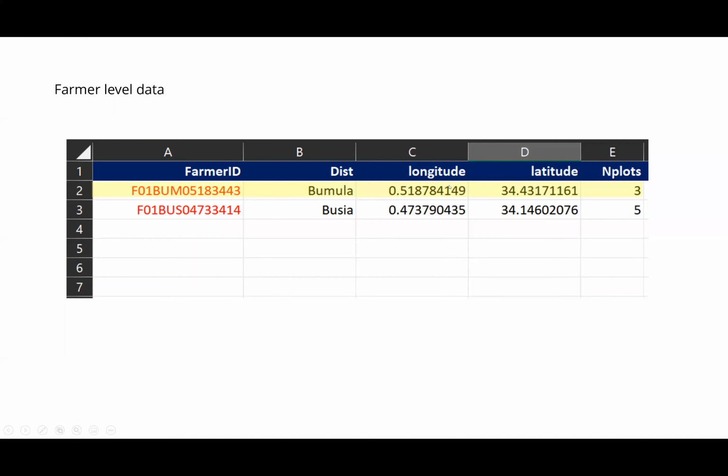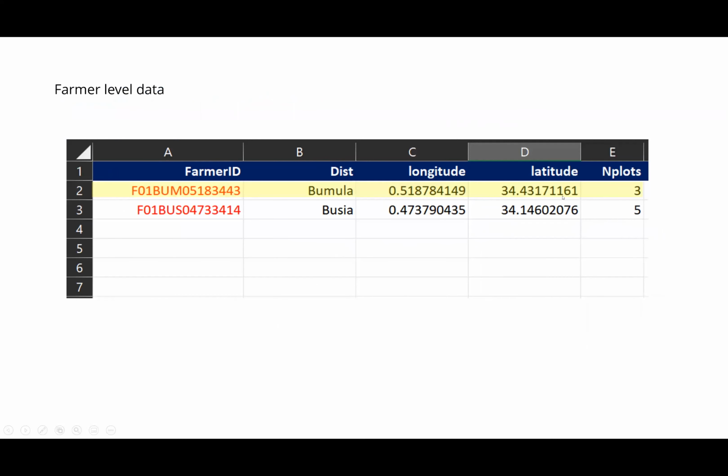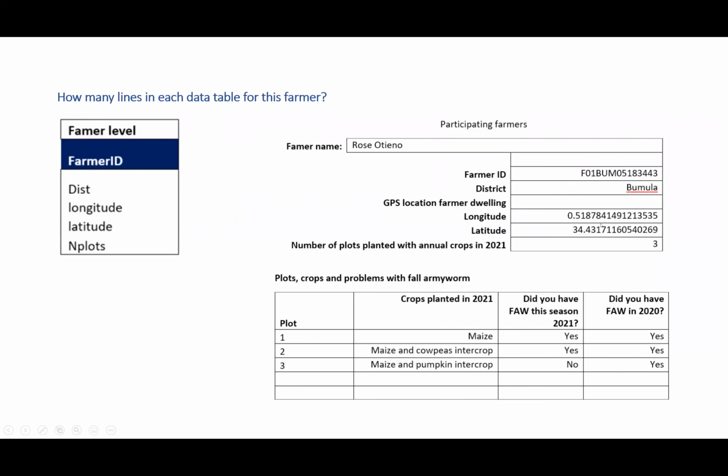And then the longitude comes from here. And then the latitude that they put, finishing 1161, they have here 1160, and they got rid of the decimals. That's an interesting decision. And then the number of plots, 3. From this questionnaire, the farmer ID table gets 1 row that includes this information. Okay. Is that clear? Any questions there?